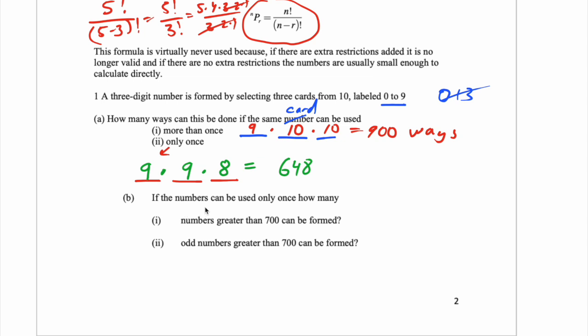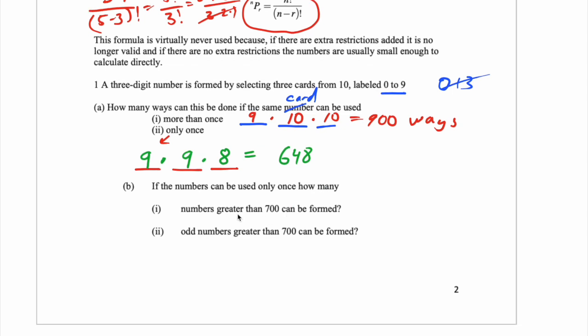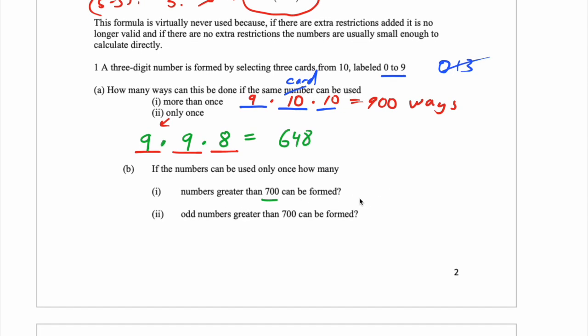Now part B, if the numbers can be used only once, how many numbers greater than 700 can be formed? Well, the first digit has to be a 7, 8, or 9. So that's 3 ways. And the next digit, there's 9 possibilities and 8 possibilities for the last digit. So that's 216.